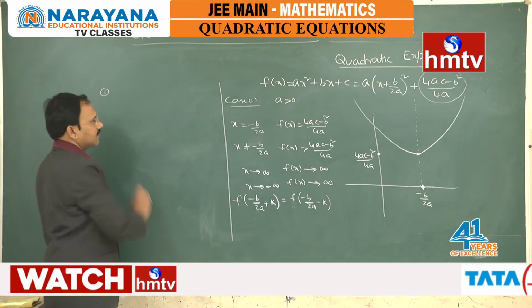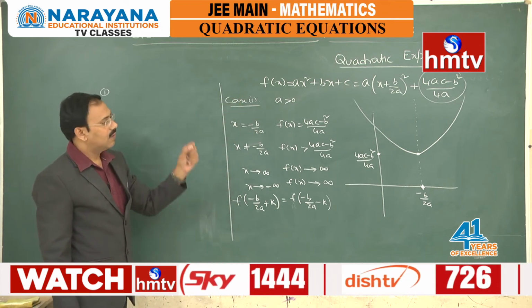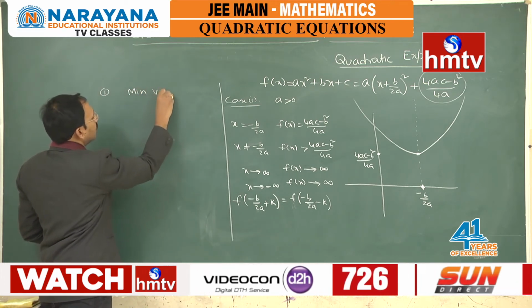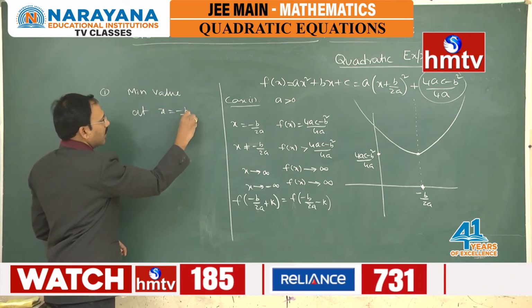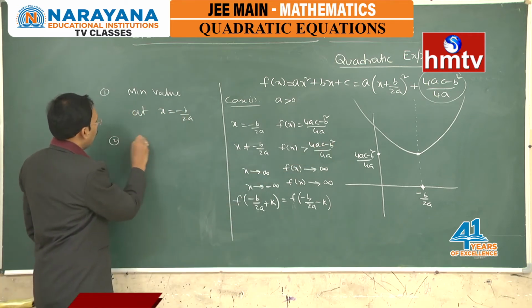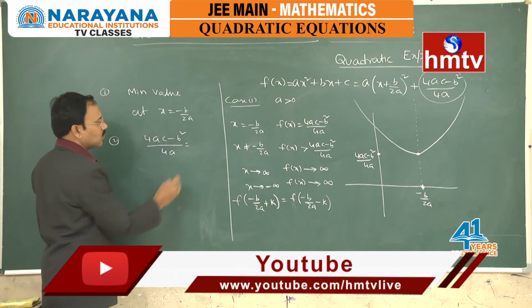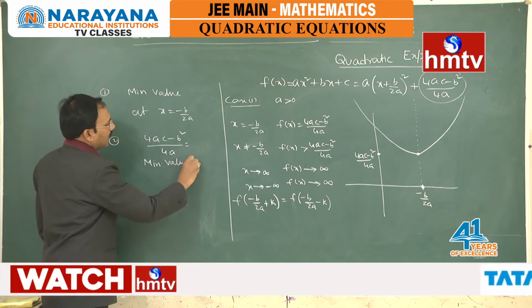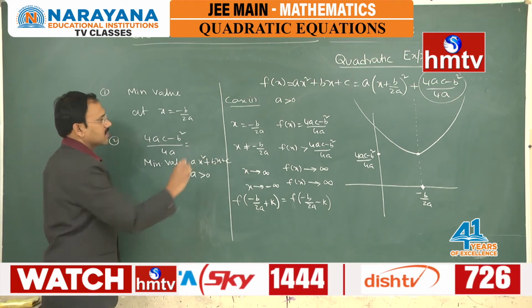Point number 1, this particular expression will have a minimum value at x = −b/2a, and the minimum value is (4ac − b²)/4a, the minimum value of ax² + bx + c when a is positive.